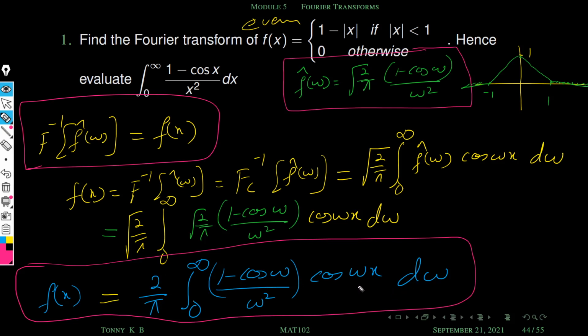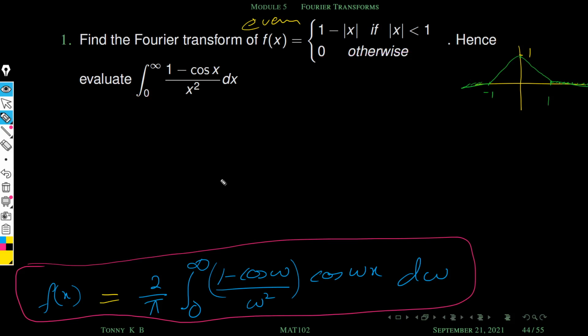Okay, now we are ready to evaluate this integration. Which value of x gives this integration? You think about this right hand side, and which value of x gives this integration? Yes, that is x equal to 0.